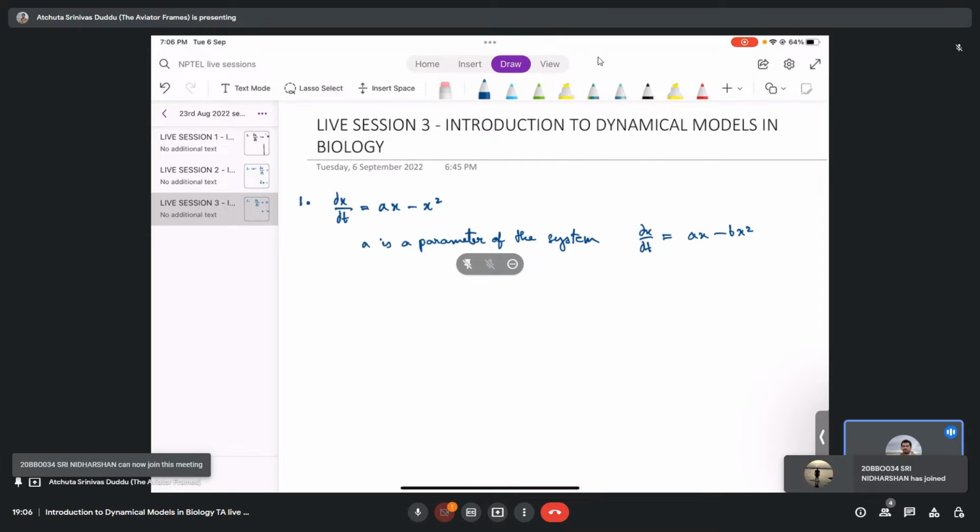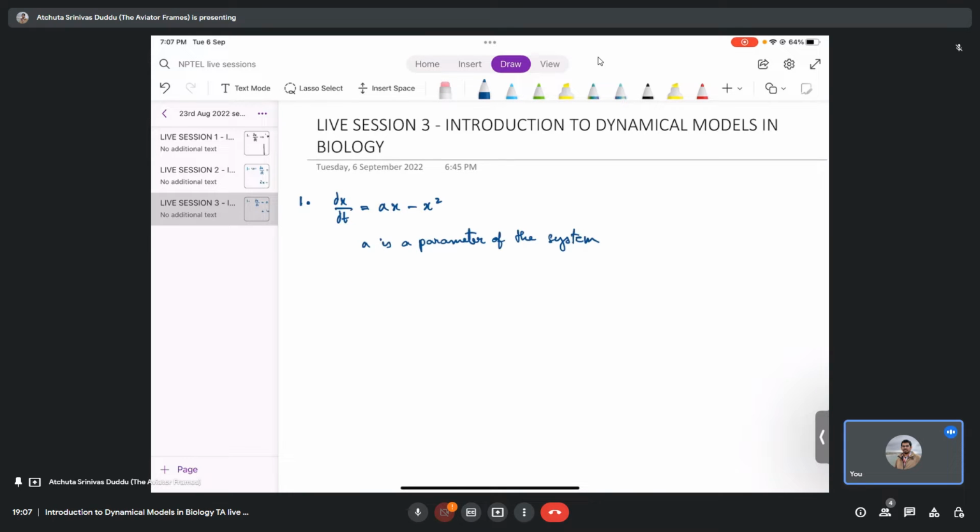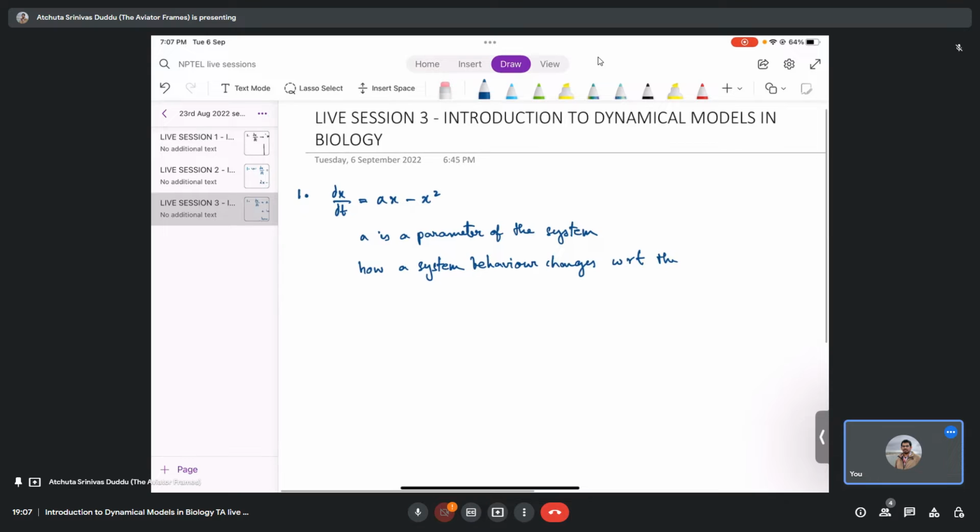So now, since we are considering a as a parameter of the system, the bifurcation diagram shows how the system behavior changes with respect to the bifurcation parameter.